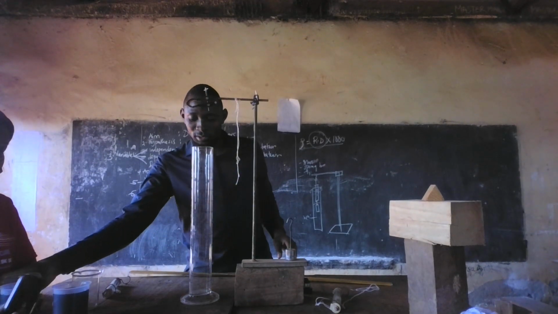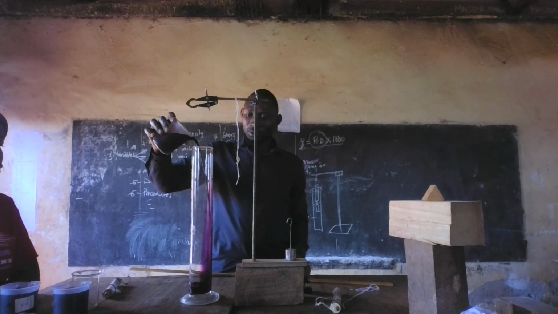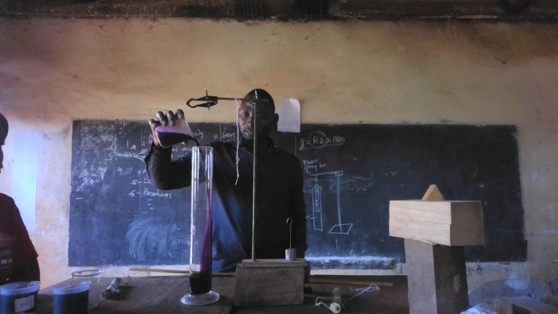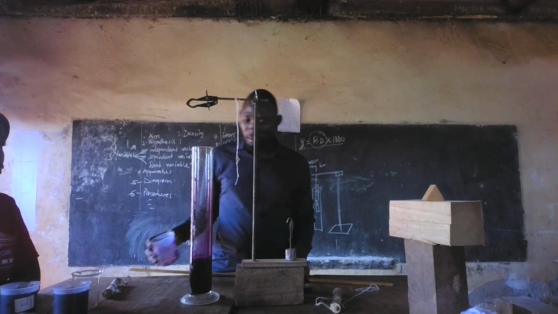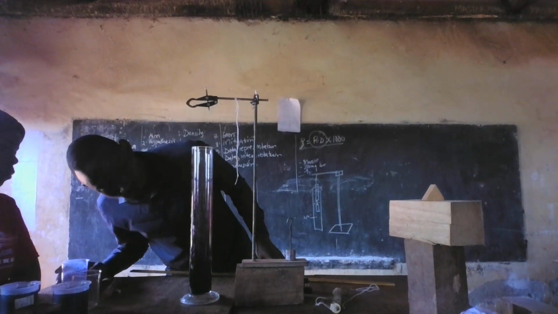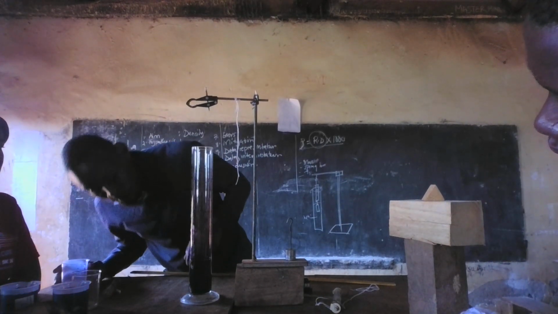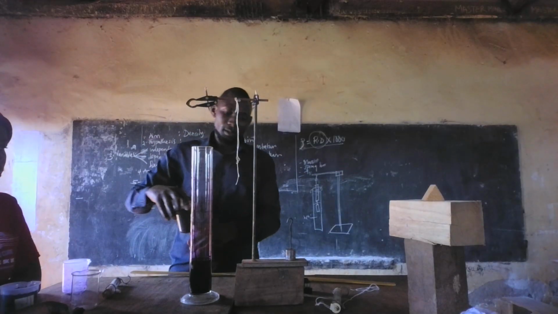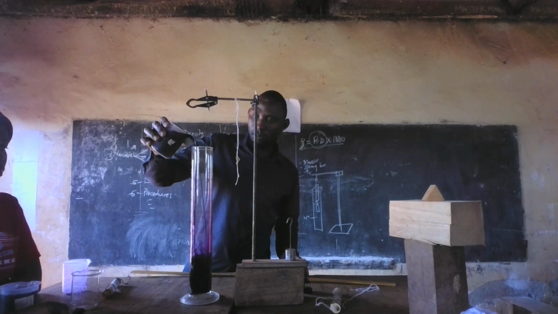Now what we are going to do is put our colored water into here. I don't know whether this one will continue sticking. Can we see the scale? We shall add in some pure water.